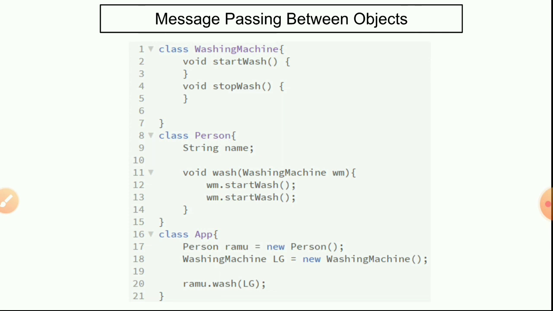I hope you have understood how two different objects can communicate. And also, when you are dealing with a single object and you are invoking its function, that is also message passing.